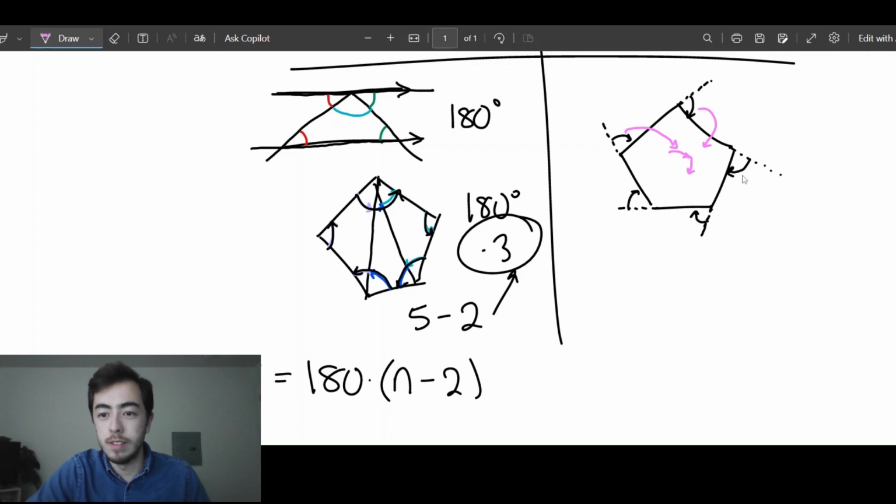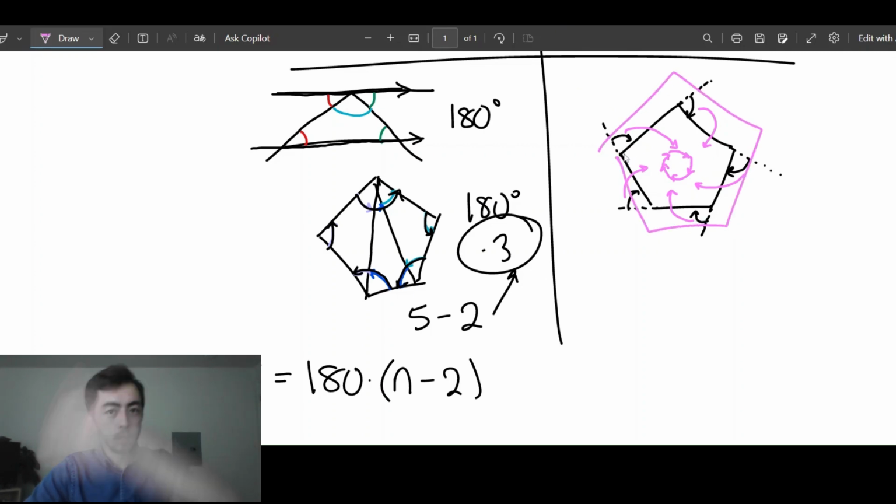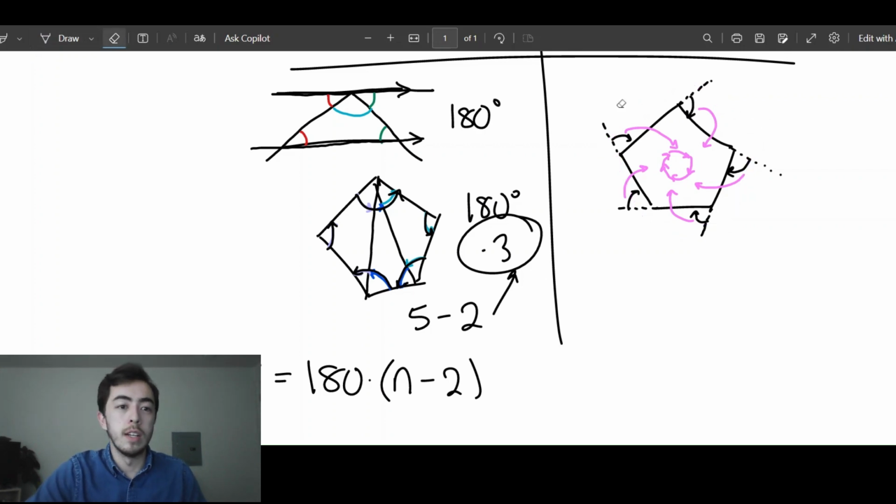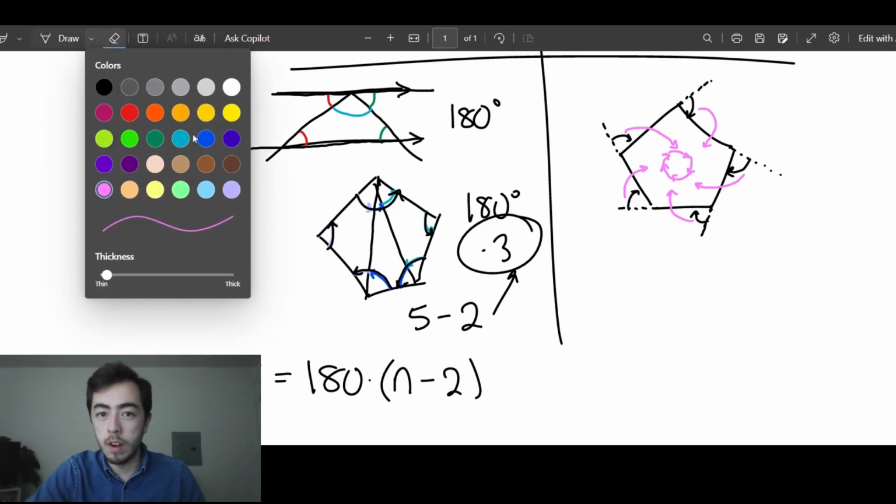Like I was saying earlier, this isn't a super solid proof. But if you think about translating these angles from the outside in, we're creating a perfect circle, right? As we walk around this pentagon, we will have turned 360 degrees. We will have walked a whole circle. And so if you sum up the exterior angles in any polygon, it's always 360 degrees because you always do that full circle.